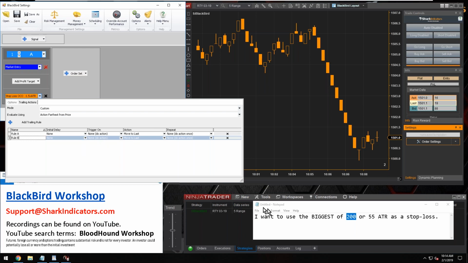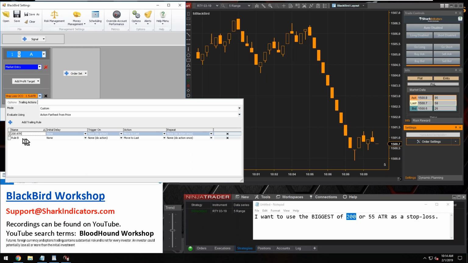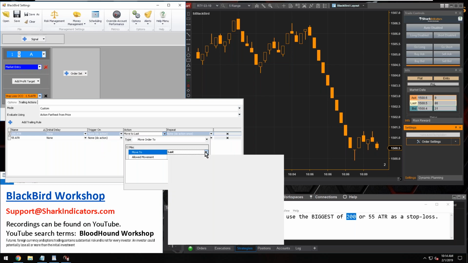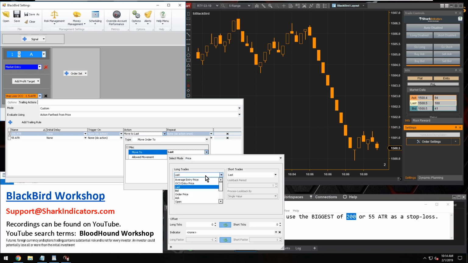So let's actually put something in here. That'll be the 200 period ATR, and this one down here will be the 55 period ATR. Next we go into the action column here, and we're going to open up the move to, and we want to create an offset.